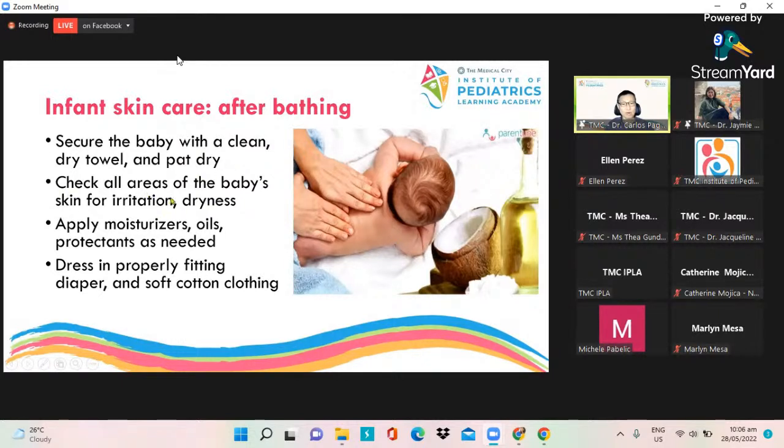We need to check all the areas of the baby's skin for irritation and dryness as well, di ba? And if you don't have a nice, well-ventilated at maliwanag na lugar, puro shadows, madilim, nagmamadali tayo, hindi po natin magagawa itong proper checking.